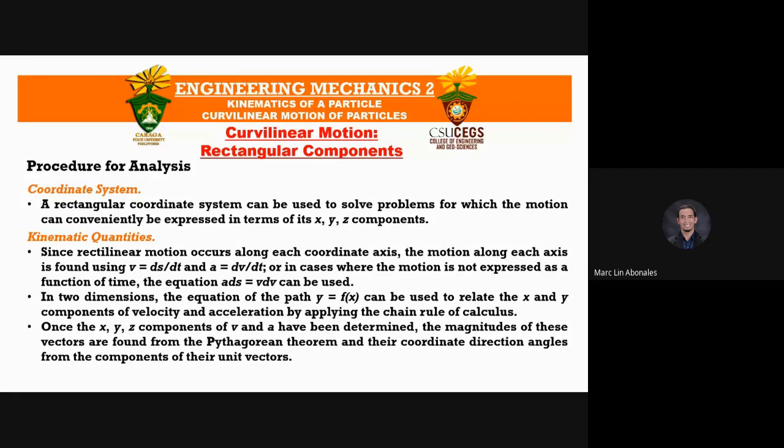Since rectilinear motion occurs along each coordinate axis, the motion along each axis is found using these two kinematic equations: v is equal to ds over dt and a is equal to dv over dt. Or in any case where the motion is not expressed as a function of time, the third kinematic equation, which is a ds is equal to v dv, can be used.